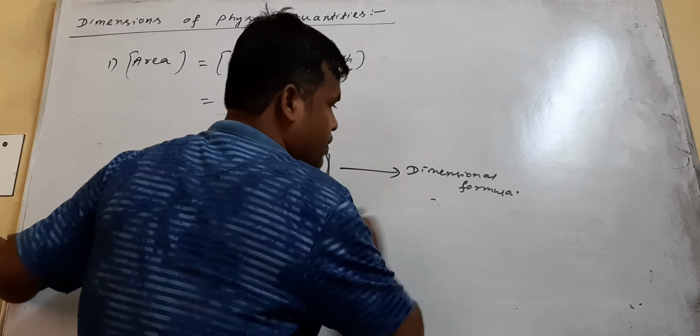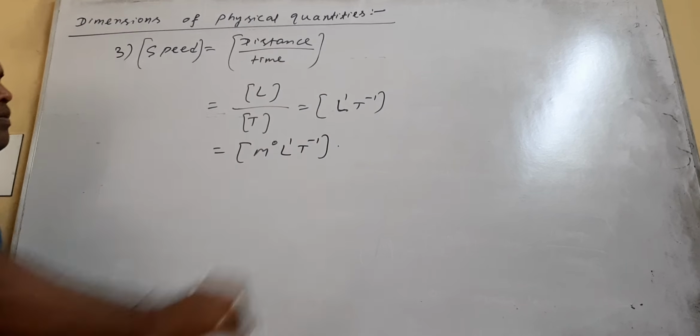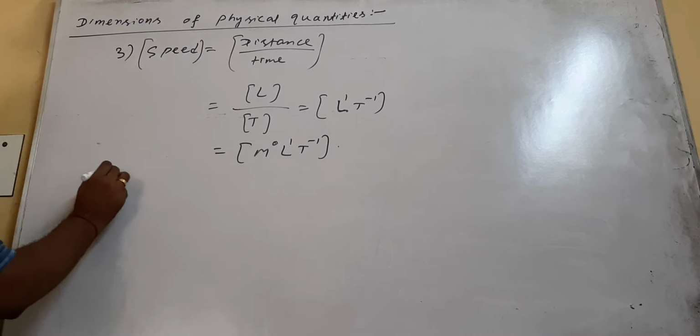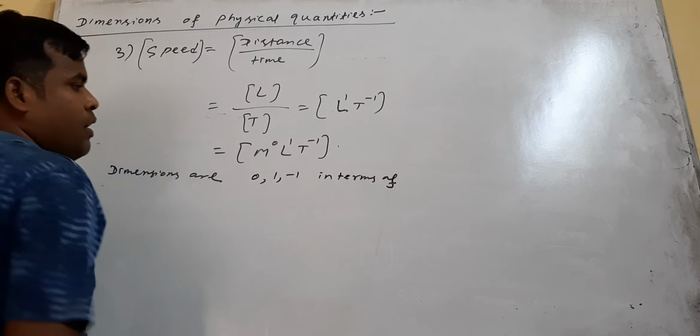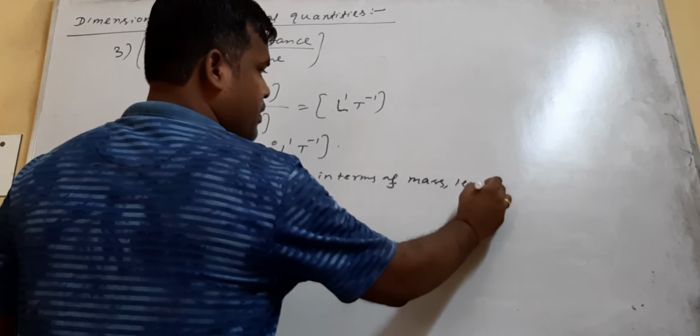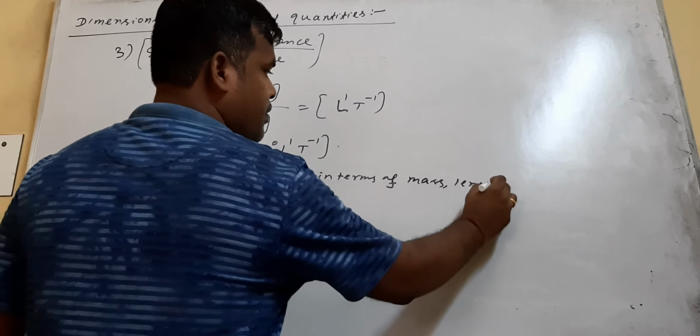If you write mass, M0 L1 T minus 1. That means the dimensions are 0, 1, minus 1 in terms of mass, length and time respectively.